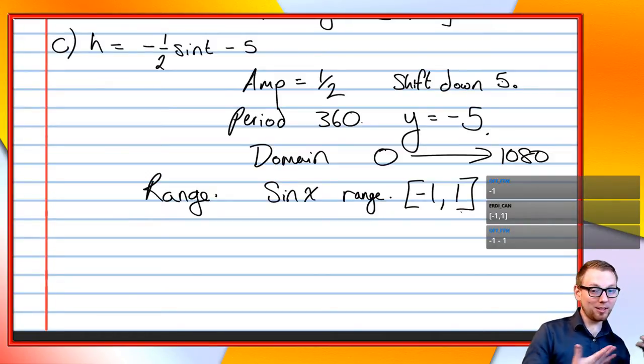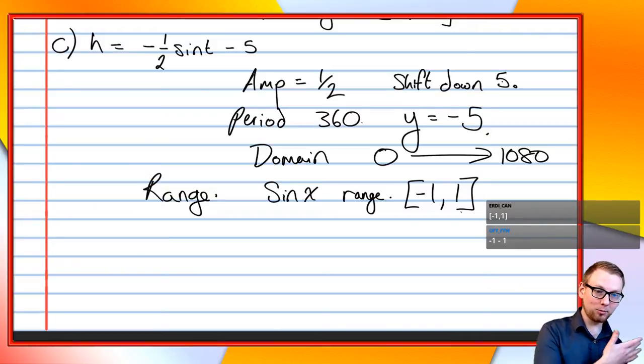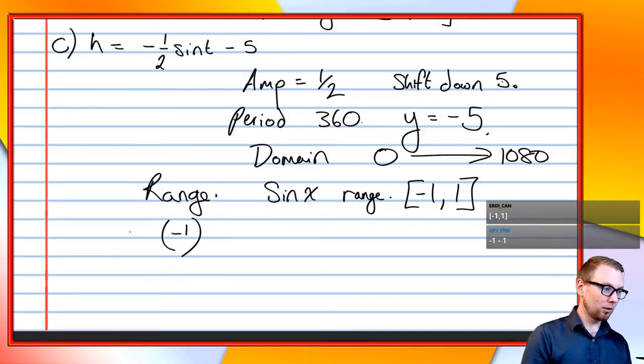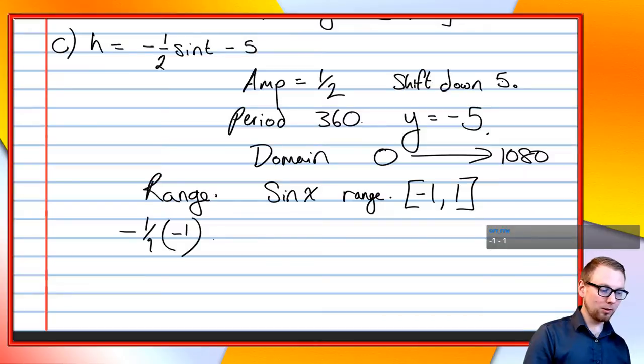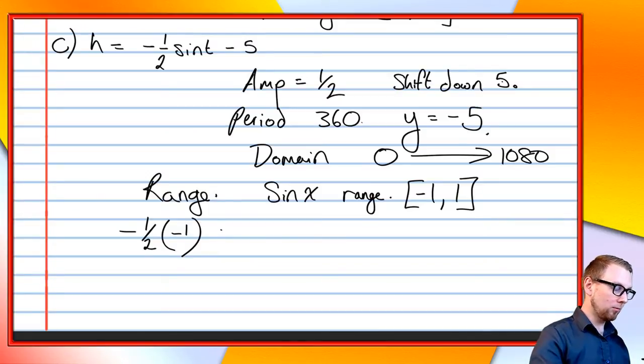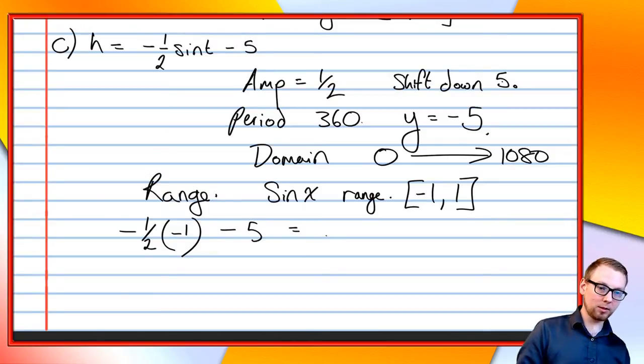Now that we have the initial range, so sine goes from minus 1 to 1. Now we can change everything on here, right? So if we start at minus 1, minus 1/2 is the next thing that acts on it. And then we still minus 5. So what does that become?